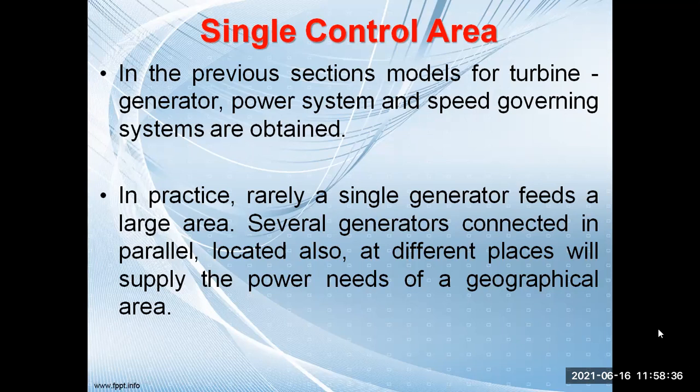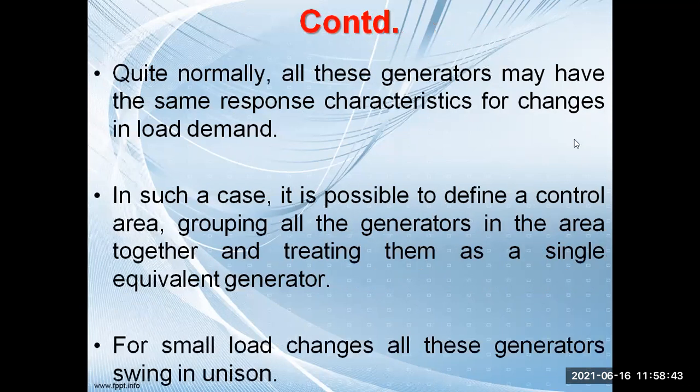So these generators are connected in parallel and located at different places to supply the needs of a geographical area. Quite normally, all these generators may have the same response characteristic for changes in load demand. In such cases, it is possible to define a control area, grouping all the generators in the area together as a single equivalent generator.